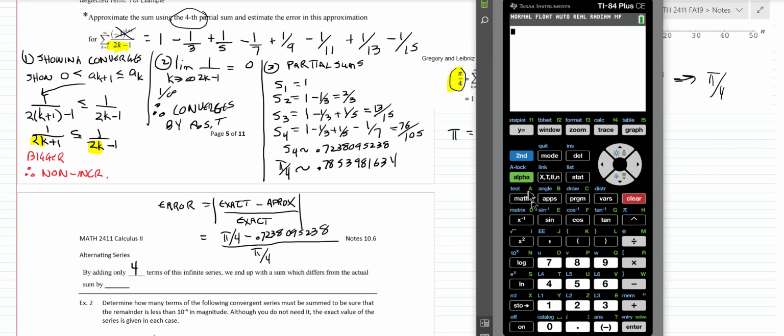Okay, so if we go pi over 4 minus the 0.7238095238, get that, and then divide that by pi over 4, that'll give us the error in approximation. So that error is approximately 0.0784170914.